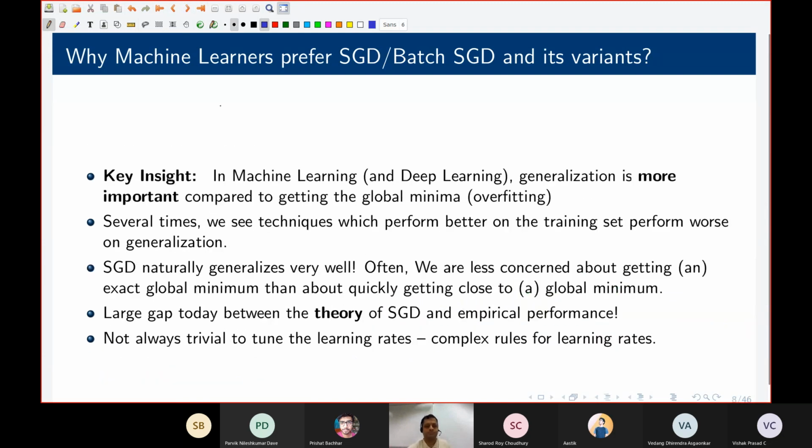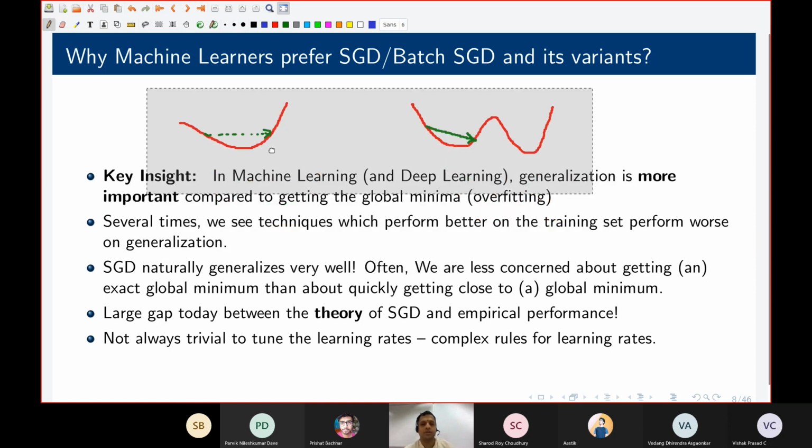Okay, so basically, the other aspect is that we are more interested in getting generalization than just a global minima, right? So again, I bring back this. You may be attaining a local minima, or even a global minima.